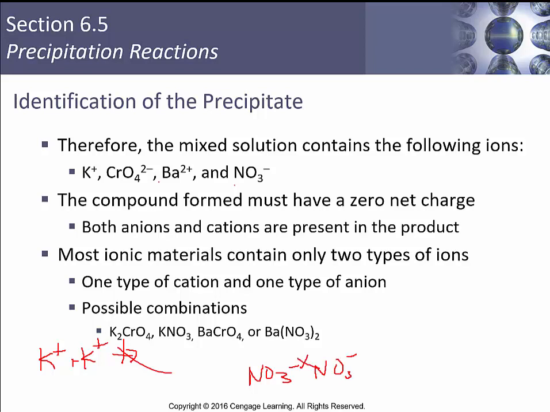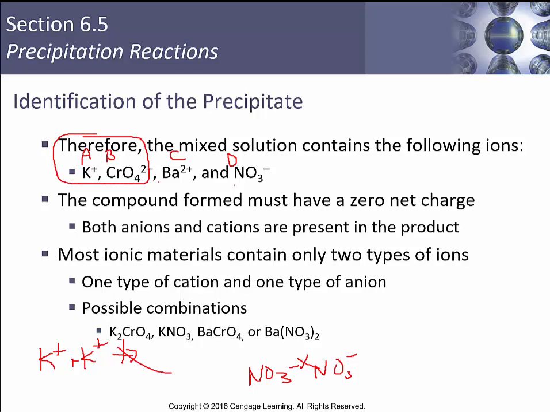So really, you want to look at these ion pairs. If we call these A, B, C, and D, our possibilities are that A can interact with B, C, or D. Well, we already know that A and B are going to split up, so A and B aren't going to react.